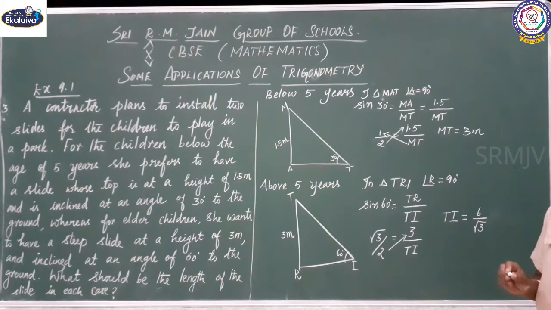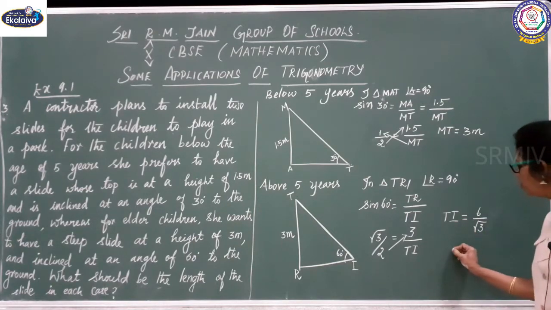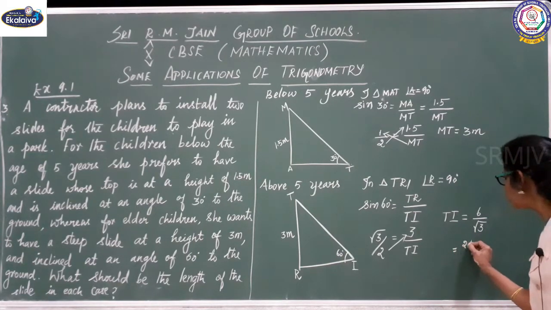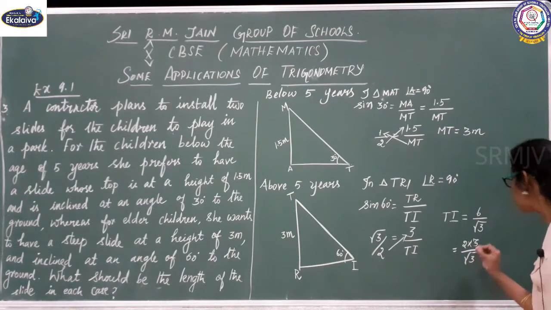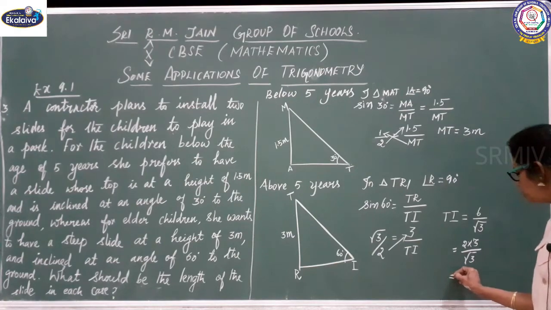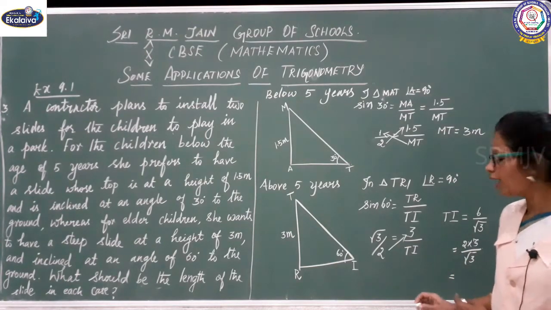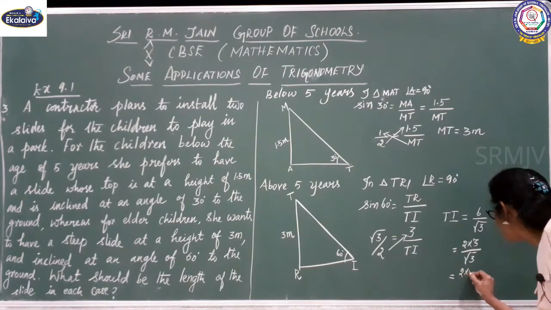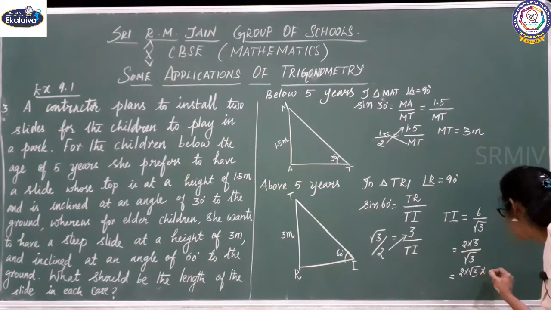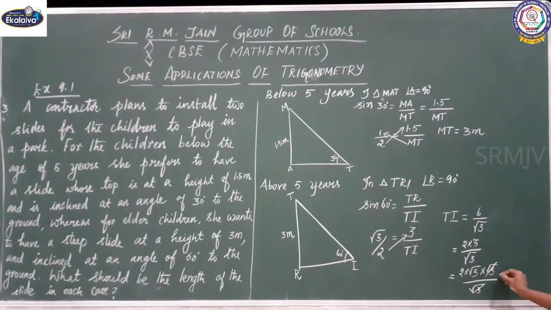Then 6 can be written as 2 into 3 divided by root 3. Still more you want to simplify, you should do 3 as root 3 into root 3 divided by root 3. So root 3 cancel, you will get the answer as 2 root 3 meter.